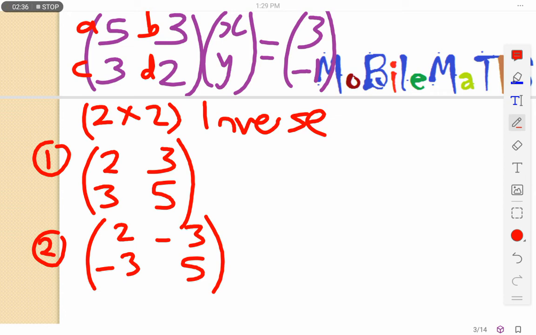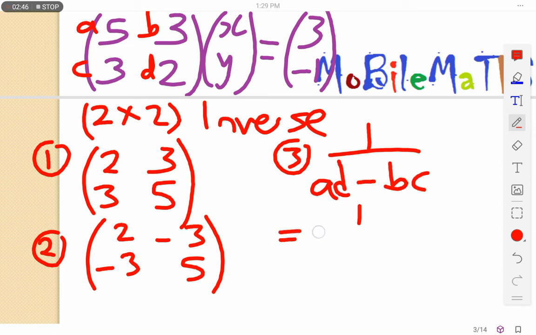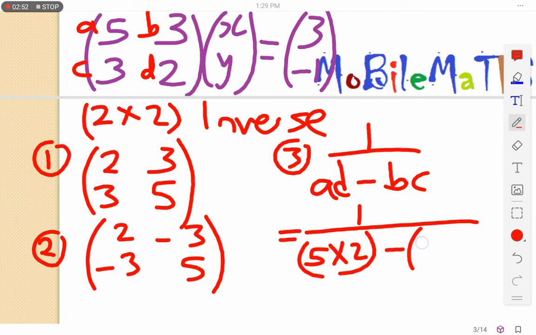Now we find 1 over AD minus BC. This becomes 1 over 5 times 2 minus 3 times 3.